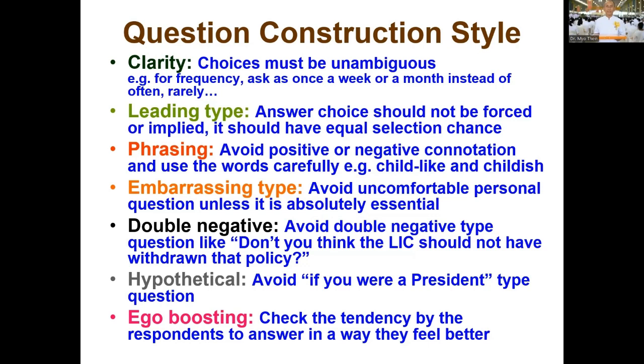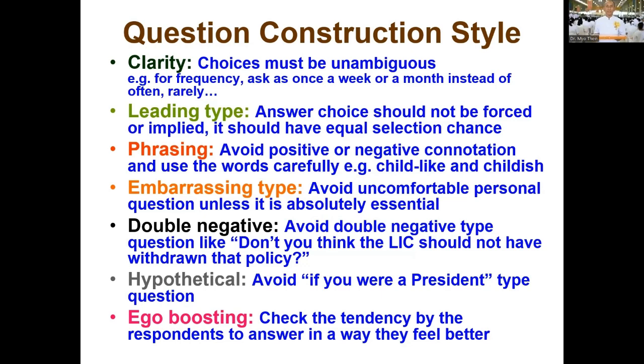The next is the phrasing, the selection of the words which you are framing. It must be used very carefully. Otherwise, if the words hurt the sentiments or emotions of persons, then the respondent will not answer any questions. So avoid connotations and use words carefully, such as childlike or childish.